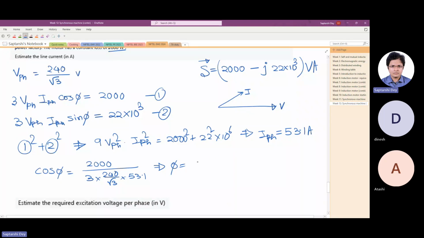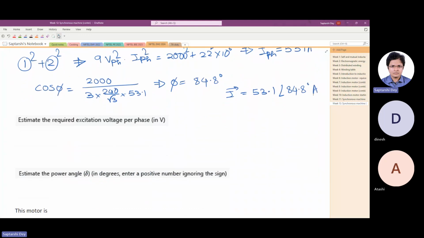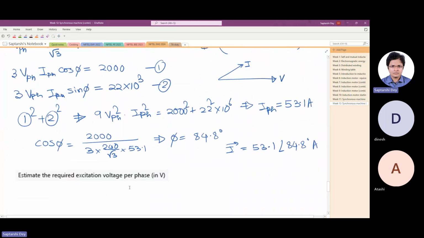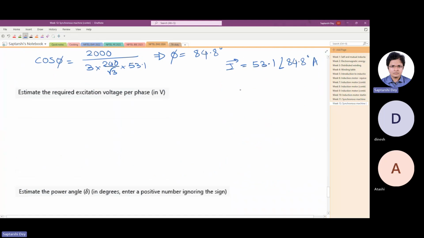See how much it is leading, 84 degree. Obviously it's 2 kilowatt active power and 22 kilowatt reactive power, so this is the angle. So the current phasor you can write as 53.1 minus 84 or plus 84? Plus 84, current is leading. Okay, this is it. This is the current. Now the question is estimate the required excitation voltage per phase. So it's a condenser.